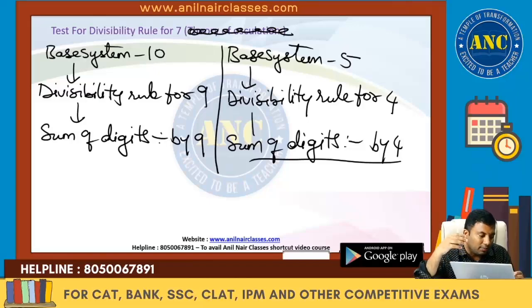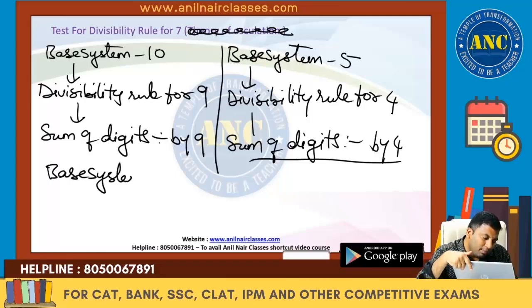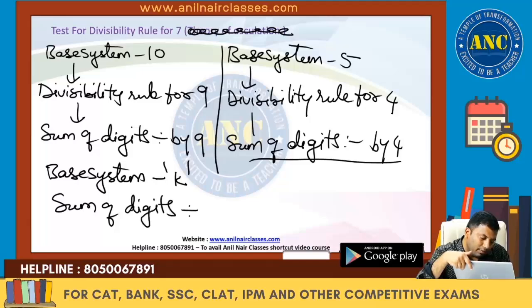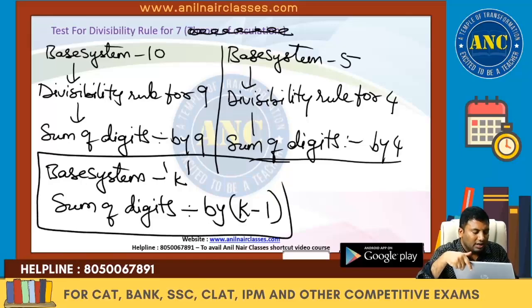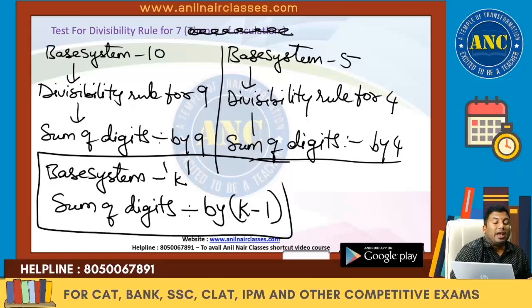What is the concept? In a base system K, the sum of the digits should be divisible by K minus 1. Please make a note. Digital sum can be applied for any base system. Extremely important concept.